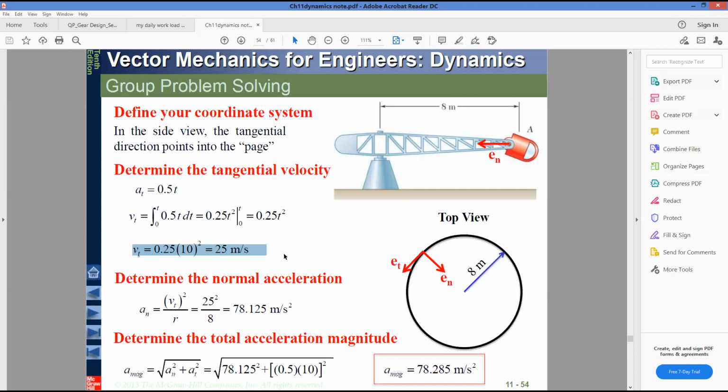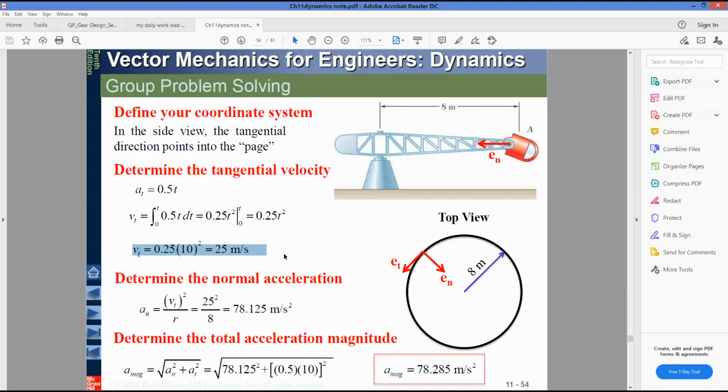Similarly, the normal acceleration is velocity squared by radius: velocity is 25 squared, radius is 8, so it gives 78.125 meters per second squared.